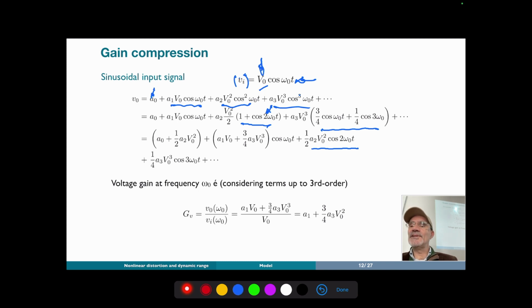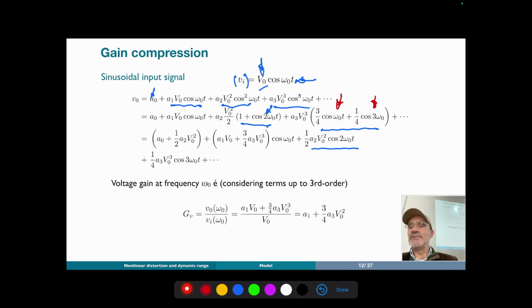But then there's another term. If we look carefully here, the cube of the cosine gives us a term which is at the original frequency of the signal, and a term at 3 times the frequency, the third harmonic.